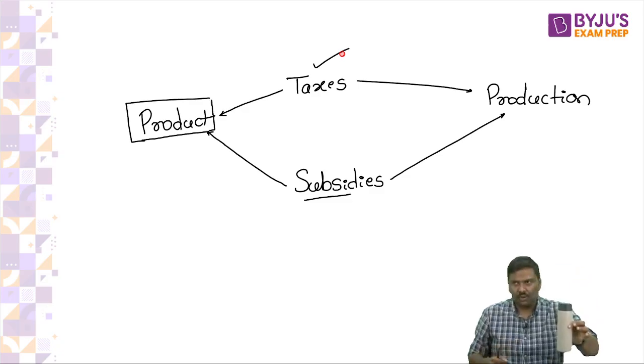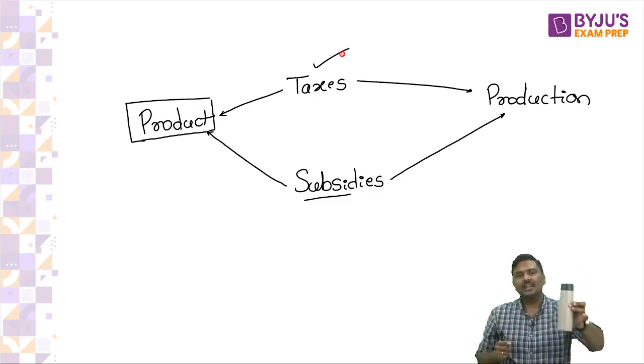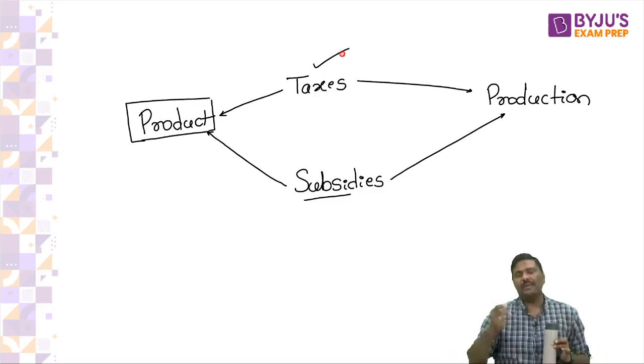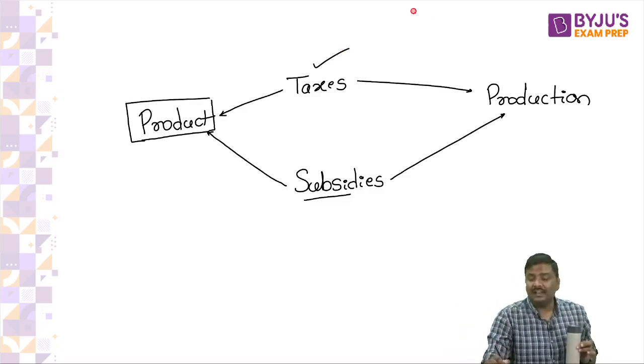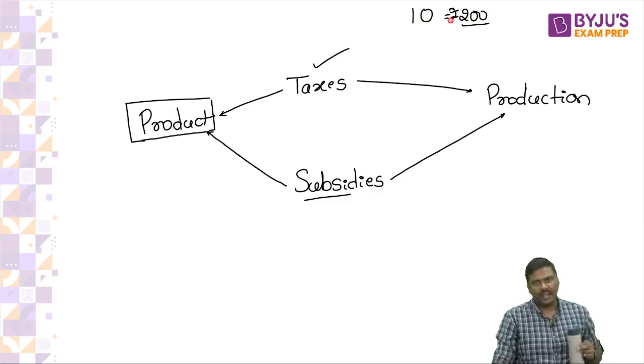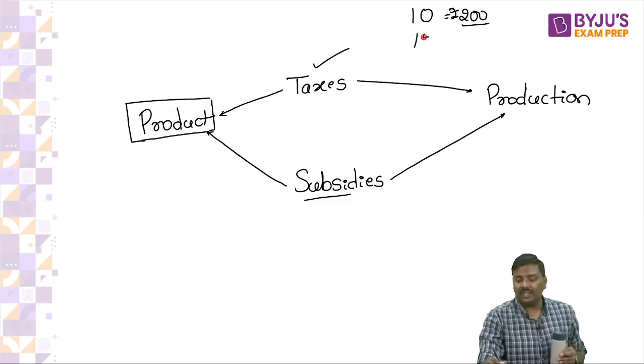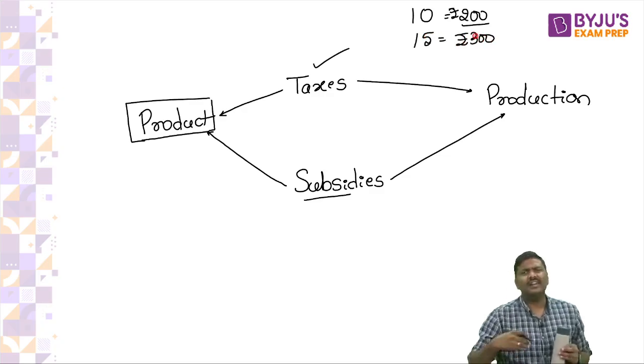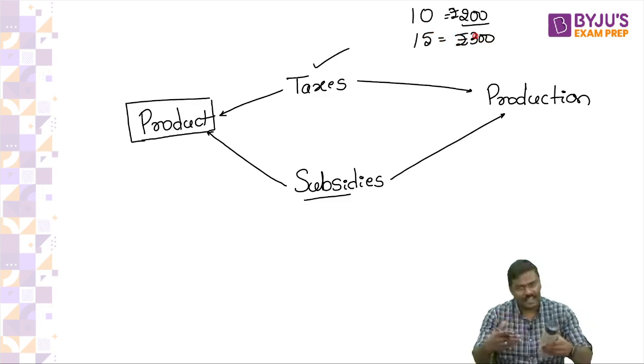Bottle number 2, 20 rupee tax. Third bottle, 20 rupee tax. If you sell 10 bottles, how much will be the tax collected by the government? 200 rupees. Is it okay? If you sell 15 bottles, how much will be the tax collected? 300 rupees.